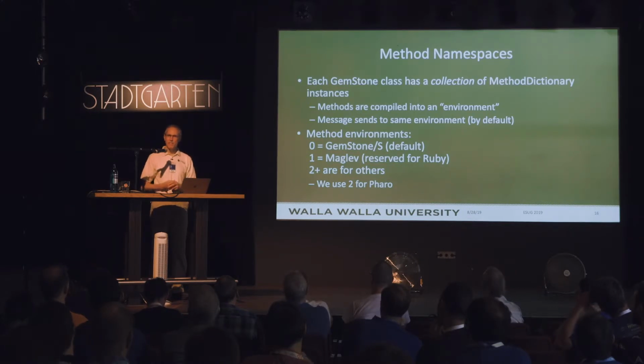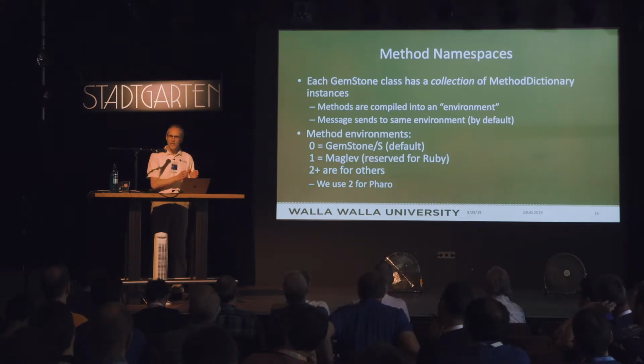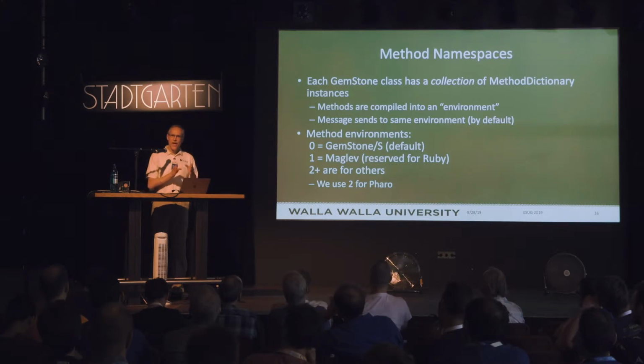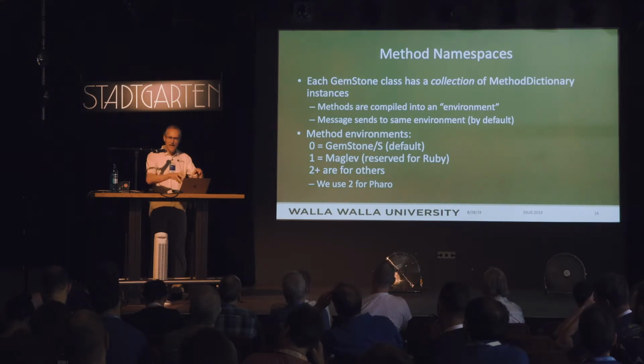So this is a namespace sort of model. If I'm hosting Pharo 8.0, that's going to be in namespace 2. If I wanted to host 8.0 and 7, then I would go to namespace 3. If I wanted to have 3 class libraries, then I would need to have 3 environments.